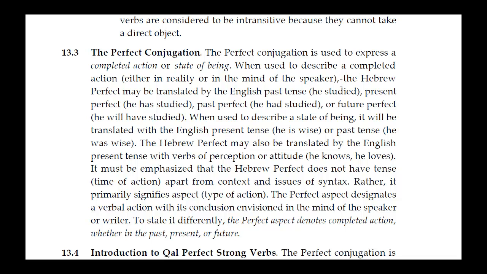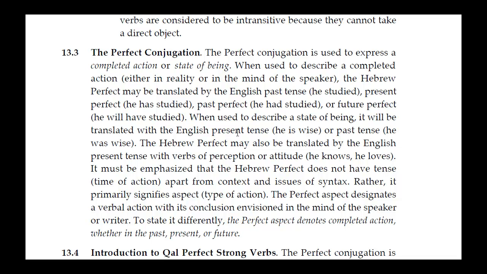When we use it to describe a completed action, the Hebrew perfect may be translated by the English past tense, for example, he studied, or the present perfect, he has studied, or the past perfect, what we call the pluperfect, he had studied, or the future perfect, he will have studied. When we use it to describe a state of being, it will be translated with the English present tense, he is wise, or the past tense, he was wise.